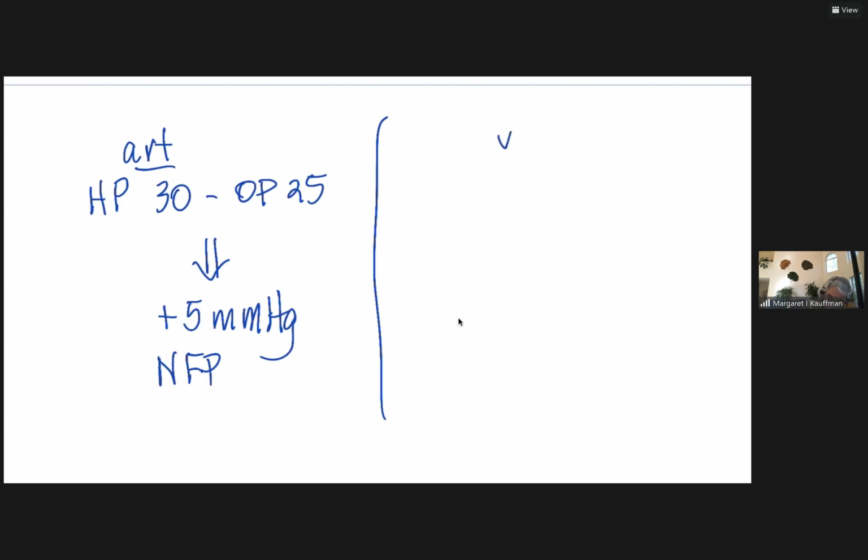Now let's go over to the venous end and see what happens. So you saw 35 drop to about 17. That's about half. We okay with that idea? It goes to about half. So let's drop it again to half, because let's say that resistance is about the same and it's going to drop to about half. We'll make it 15. Osmotic pressure is the same, so OP is still 25.